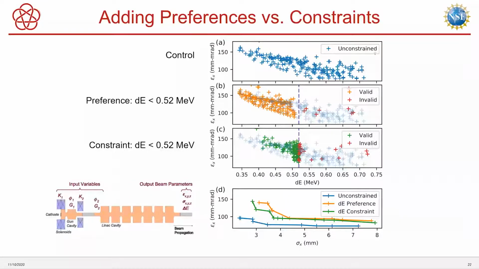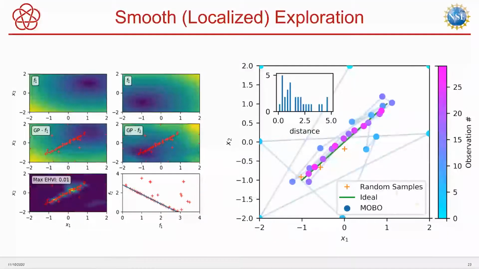Okay. And so finally, one of the things that is particularly important for practical use in accelerators is taking into account the cost associated with changing parameters inside of the accelerator. So in a computer, we can simply change a magnet strength very easily, and it instantly happens.